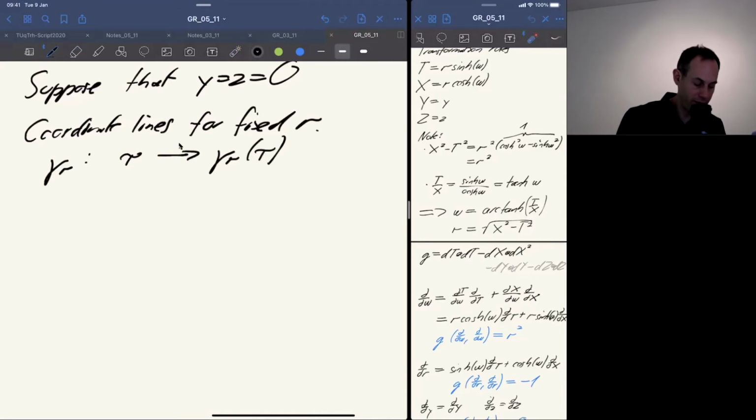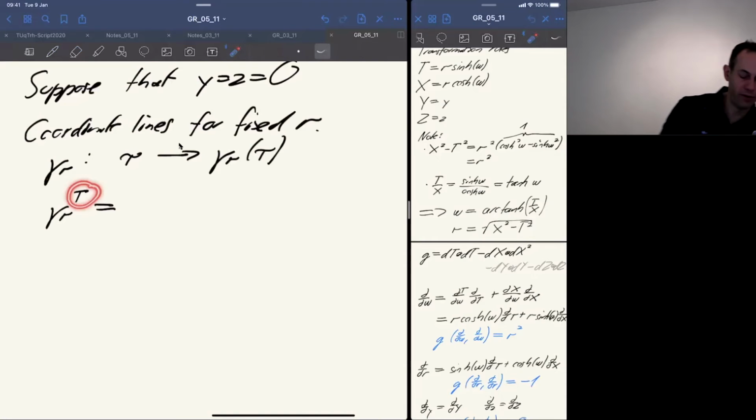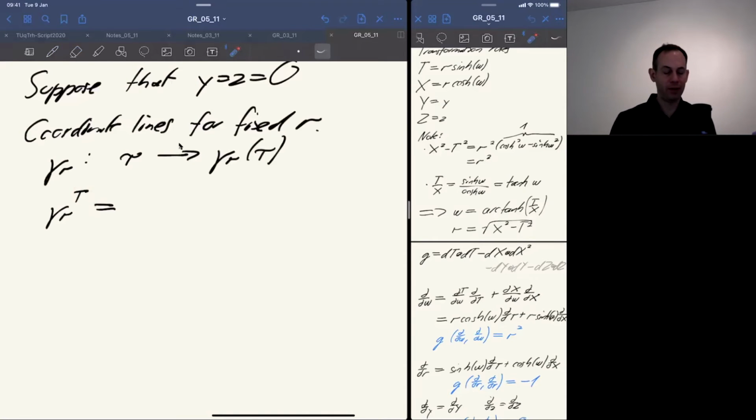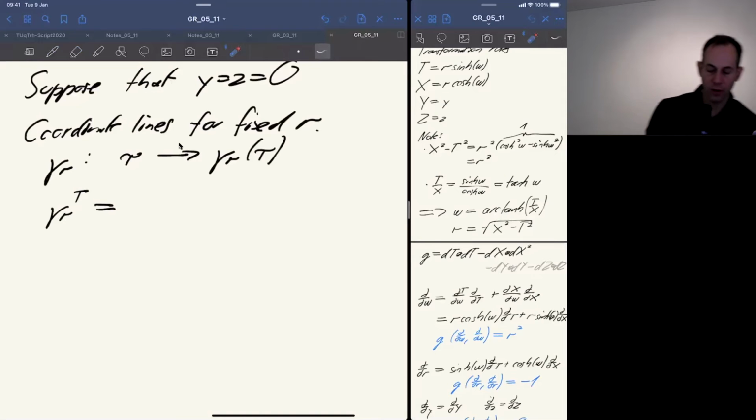So therefore we parameterize the curve as follows. Now I use a notation that you may have already seen in the exercises. Instead of putting an index here, I just put the name of a variable. This variable is just a 0 index in terms of the Minkowski coordinates.